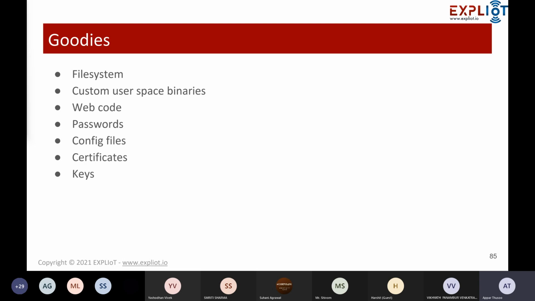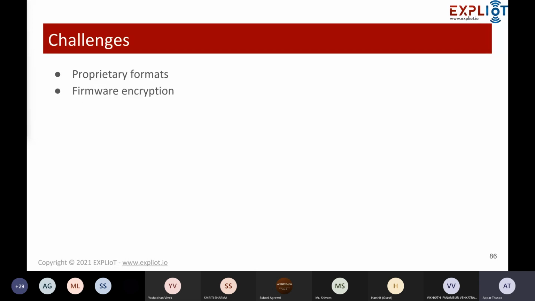Your web code, whatever web server is being used on the client side, you get the source code, the HTML files of all those displayed websites from there. Your passwords, your config files, certificate keys, all of these things you'll probably find in the firmware if it is a poorly implemented firmware from a security posture.